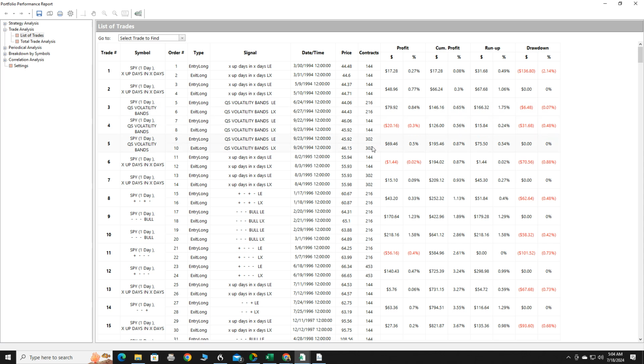But in the portfolio, we had it set to 40%. So 40%, it would increase on 216, creating 302. So we're leveraging on a strategy, and then we're leveraging in the portfolio after every loss until a win in an ensemble configuration. This is just an example to show you the configurations that can be put into this program.